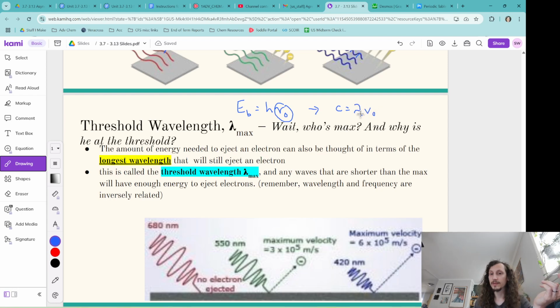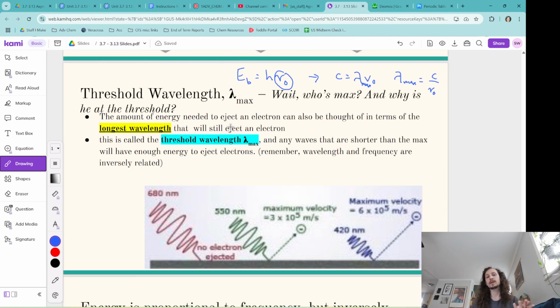So now if I found the threshold frequency, I can just rearrange this and say, okay, wavelength max equals the speed of light, c, divided by that threshold frequency, which I can calculate given the binding energy because h is a constant.